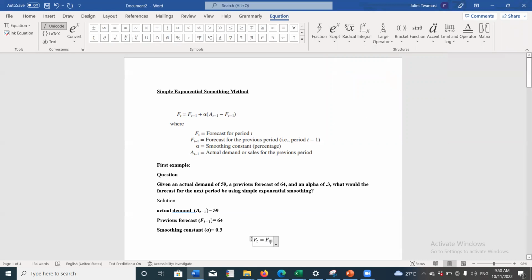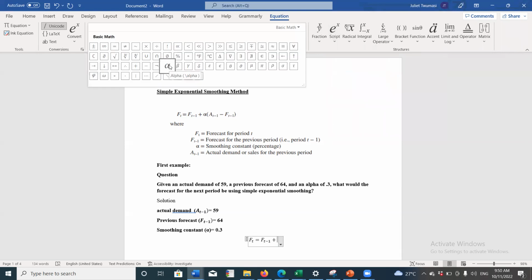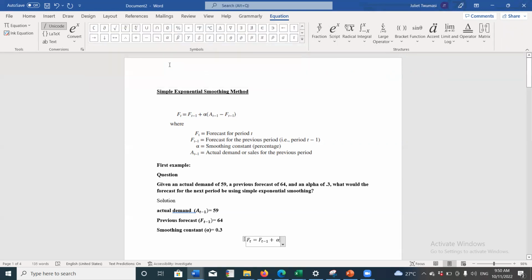So subscript t minus 1, then plus. So you look for the alpha, and when you put the cursor on the symbols, the name pops up. So this is alpha.